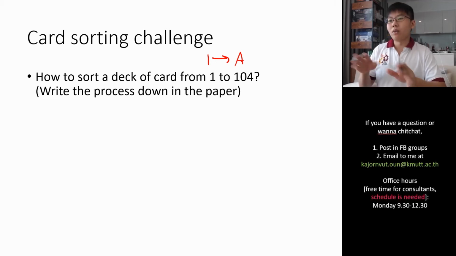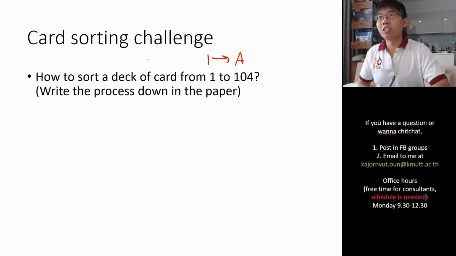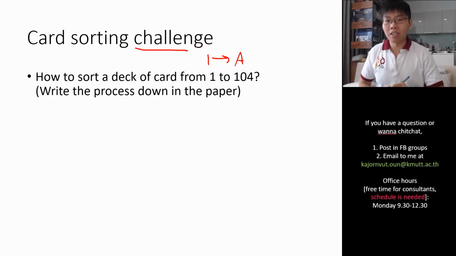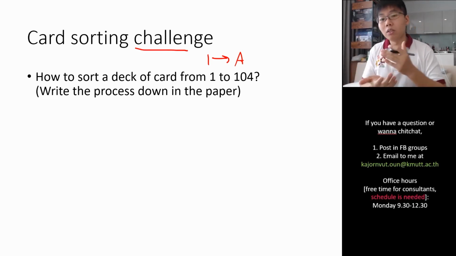Right? You try sorting the cards in order after you throw them away or shuffle them into random order. How do you do that? That's the challenge I would like you to think about. Write down the way you sort the cards, and then post it in the comments of this video.